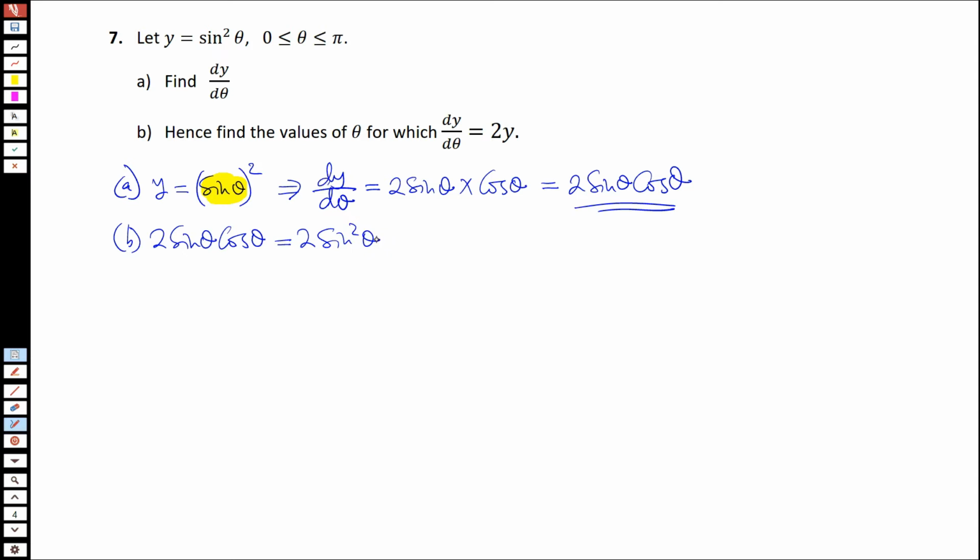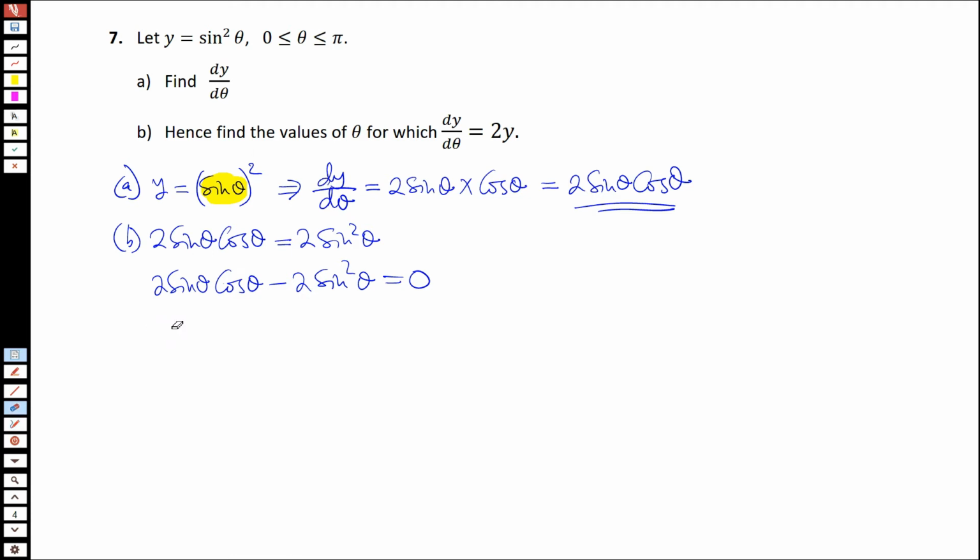So here we have a trig equation, which means we can solve for theta by just solving this trig equation. So I'll bring everything to one side. So this is the same as 2 sine theta cos theta minus 2 sine theta squared is equal to 0.